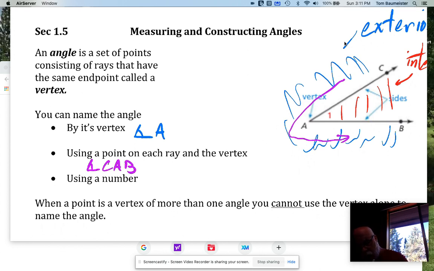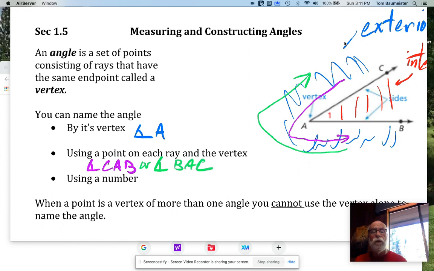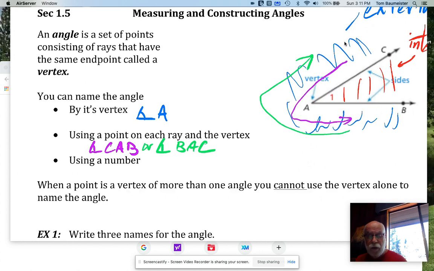And if I go the opposite direction, I could call it angle BAC. So I can call it by either of those. And then finally, sometimes I even suggest that if you're not sure, you can always put a number in the angle there, especially if you're writing proofs. So the last one there, we could call it angle 1.